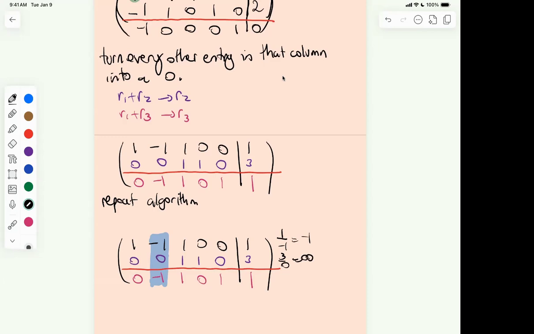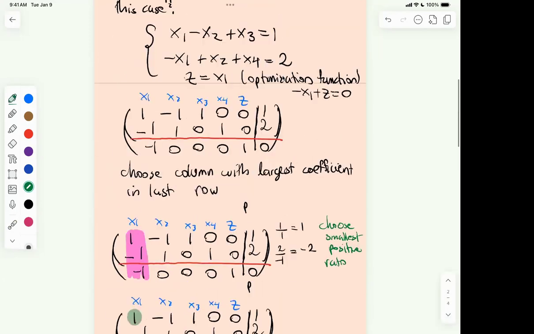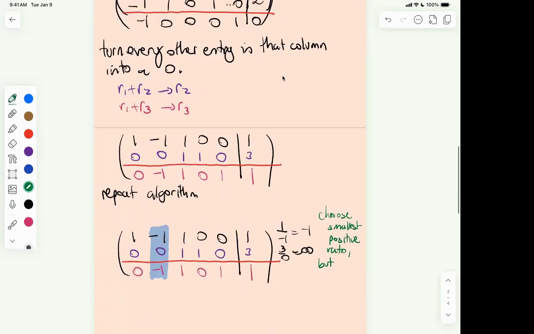There's no positive ratio here, right? It's either negative or infinity, the two options. So you're stuck. The algorithm terminates.